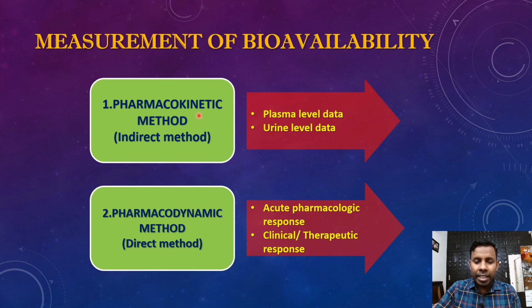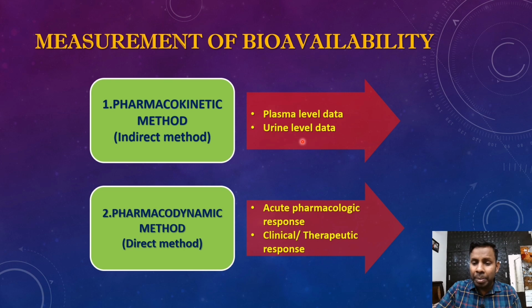Pharmacokinetic method is also called as indirect method because here in this method either blood sample or urine sample is collected from the human volunteers or patient, and in those blood or urine samples, how much drug is present is being estimated.